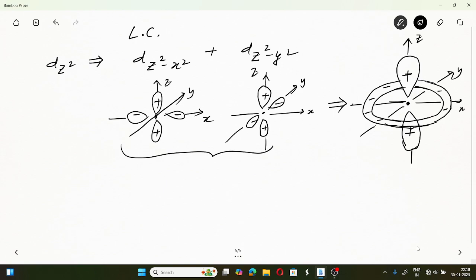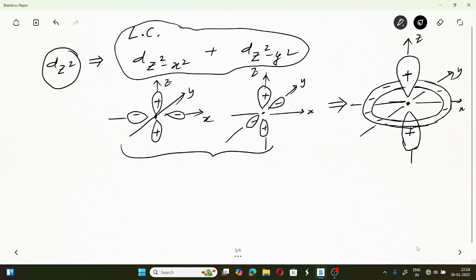So dz square orbital, we can consider it to be a linear combination. It can be considered as a linear combination of these two orbitals. Okay, so from this we can construct the group orbitals for dz square also. I'm not going into further complications.